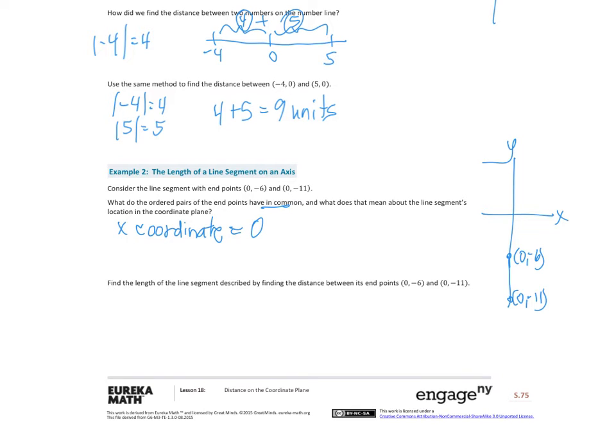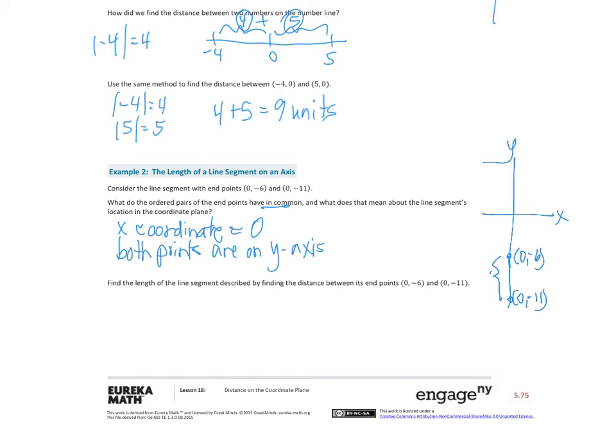Both points are on the y-axis. Got it. So then if the endpoints lie on the y-axis, I think I'm going to have to do some subtraction, but maybe it's with absolute value.